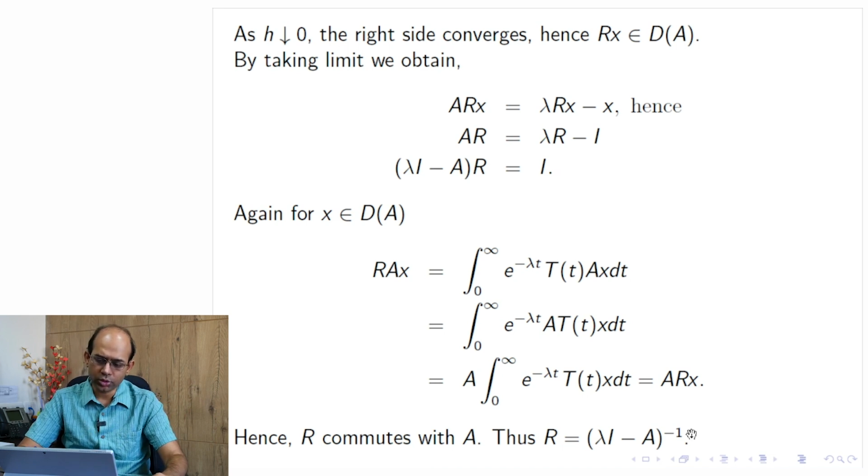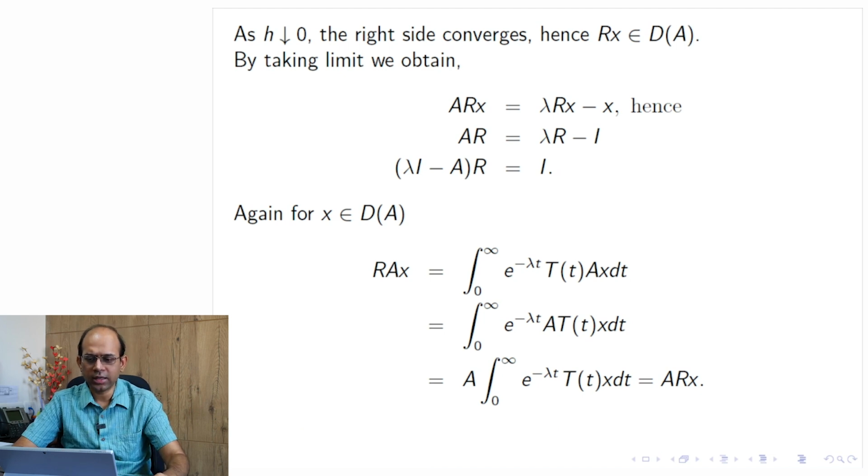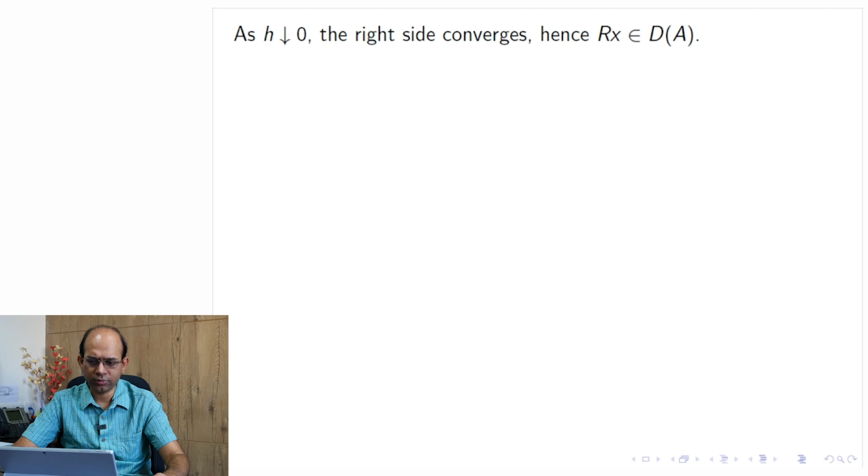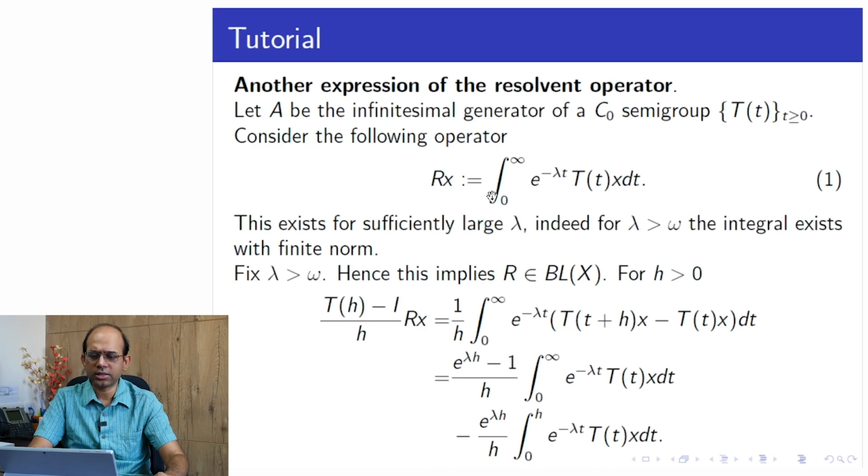So this proves that the resolvent operator, which was given as (lambda I minus A) inverse, has another alternative expression, and that expression happens to be very interesting. That is nothing but the Laplace transformation of the semigroup, okay.